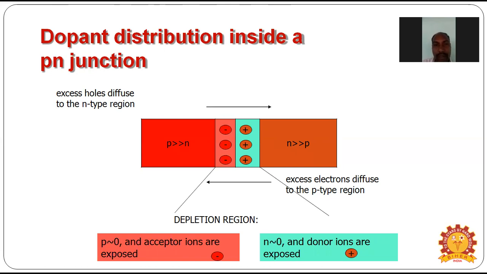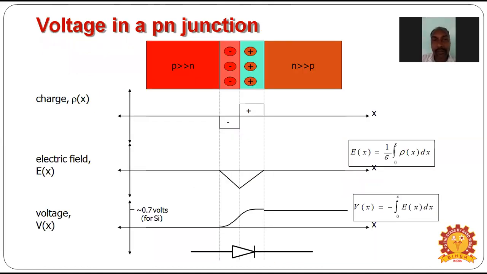Next, the voltage in this PN junction diode, that is PN and NP. We can get a square waveform on the x-axis and y-axis.